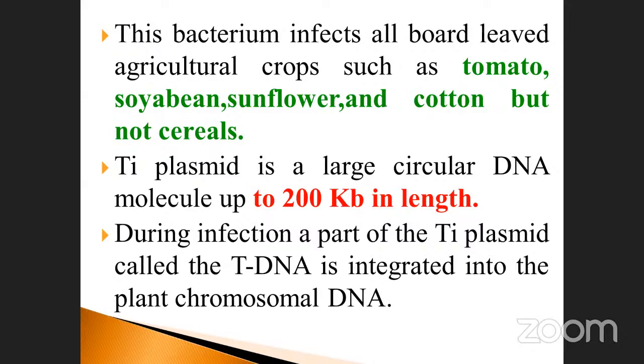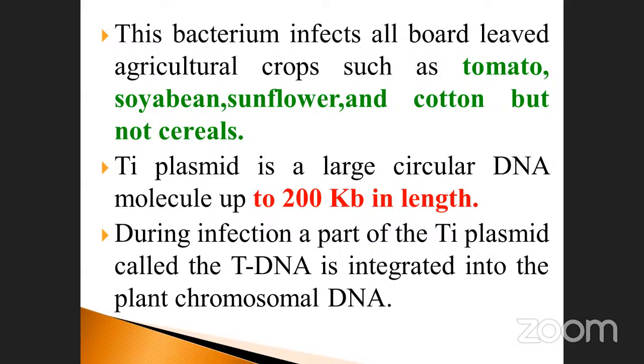Don't forget, my dear, this is very important and exceptional. Cereals do not suffer from Agrobacterium tumefaciens, otherwise called the TI plasmid. The plants affected are tomato, soybeans, sunflower, and cotton. This is very, very important.